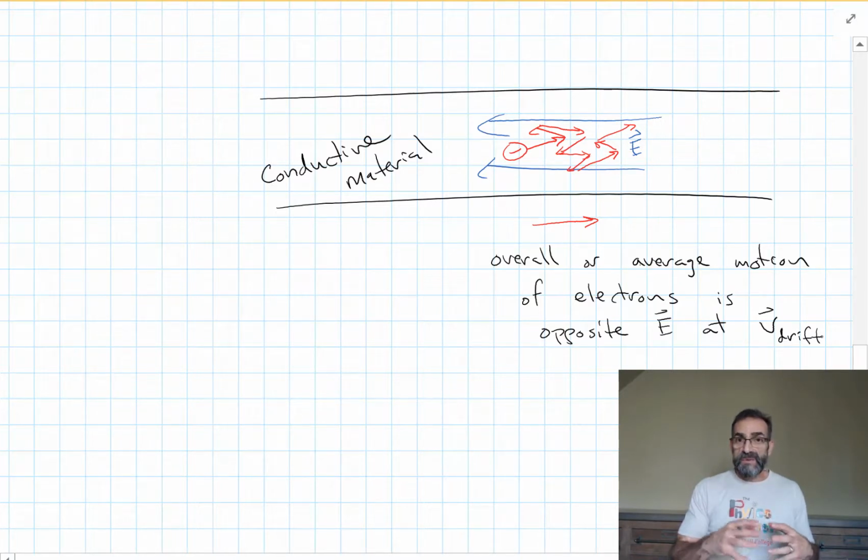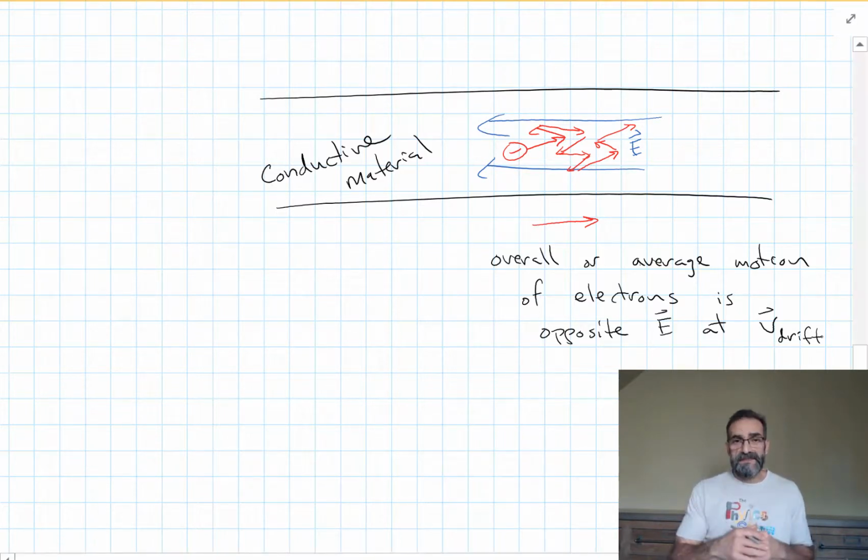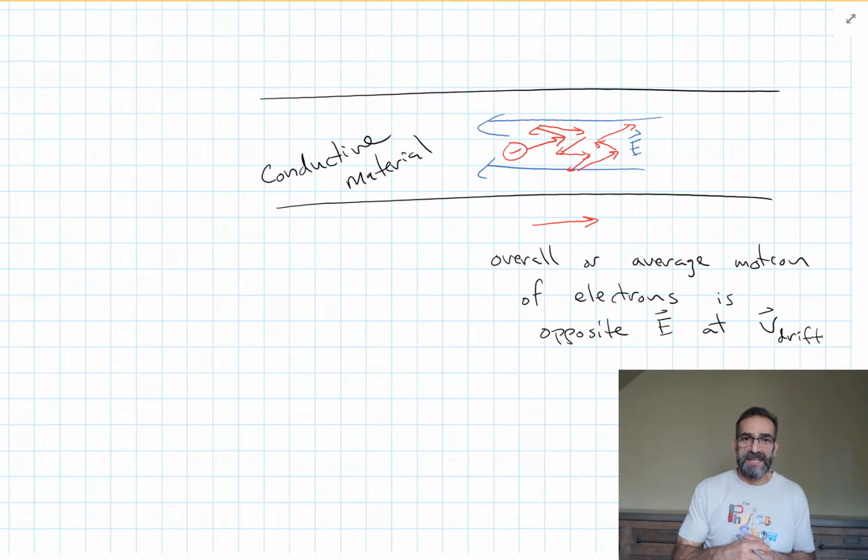So the overall or average motion of our electrons is opposite the electric field because the electrons are negatively charged, and they move at some average speed that we call the drift velocity of the electrons.